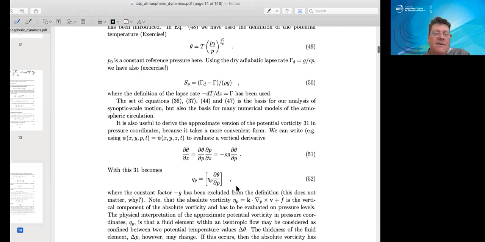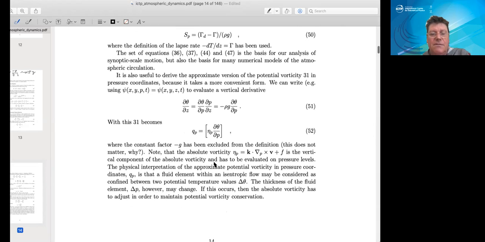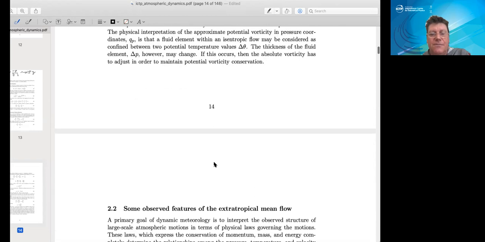And then something useful happens, because the density out of the potential vorticity drops out. Just like in the pressure gradient force, where the density drops out. So the potential vorticity in the pressure coordinate system becomes just a product of two terms. It's just a curiosity.